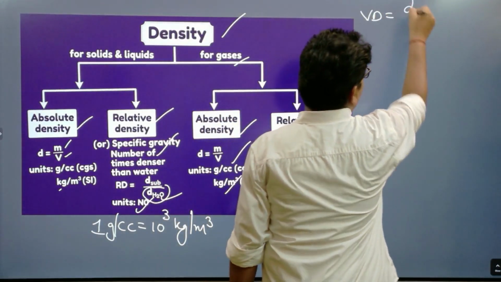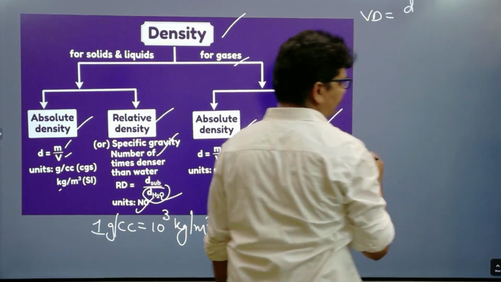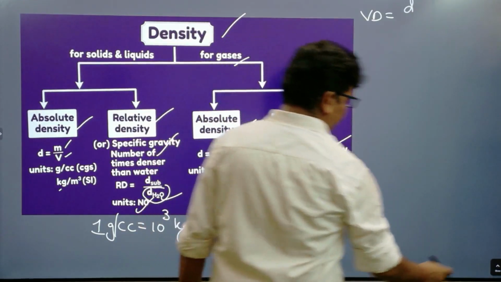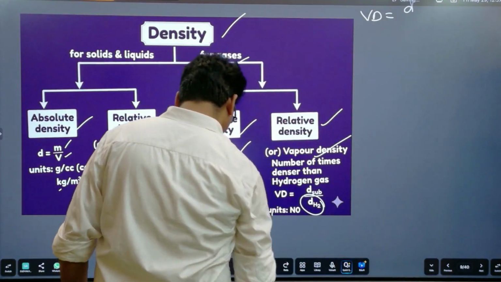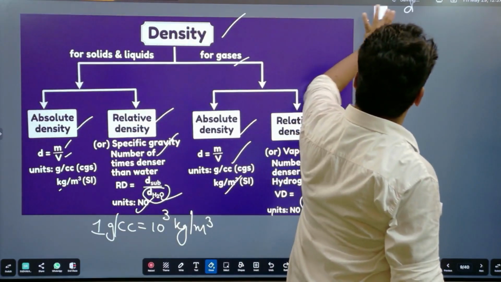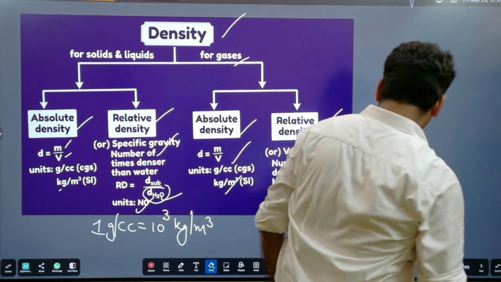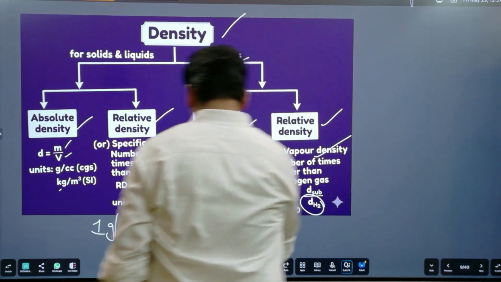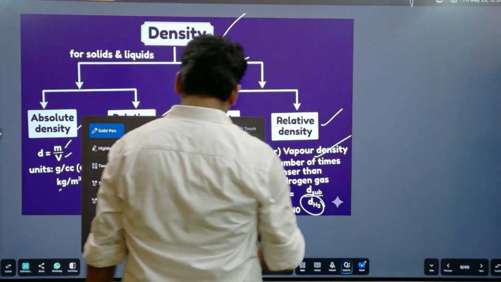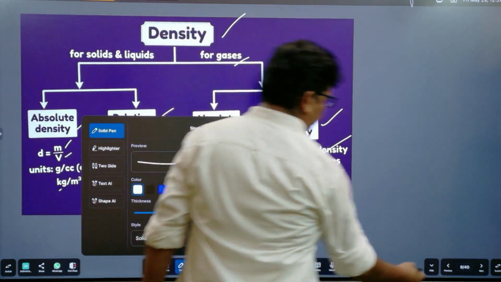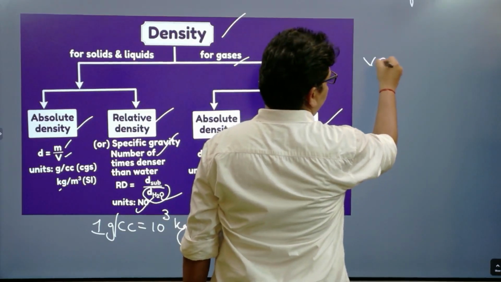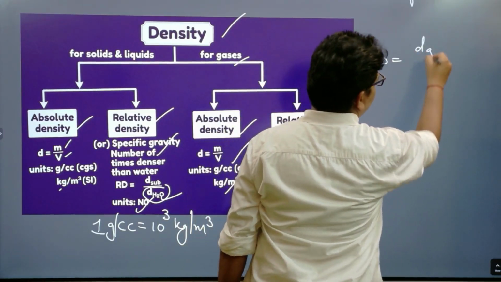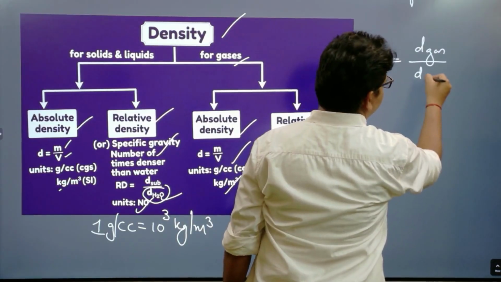I am taking this formula. Vapor density is equal to density of the given gas divided by density of hydrogen.